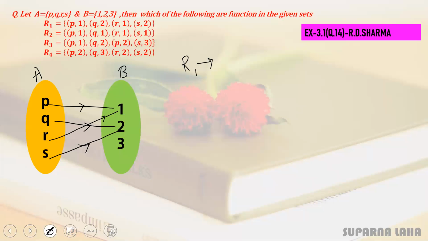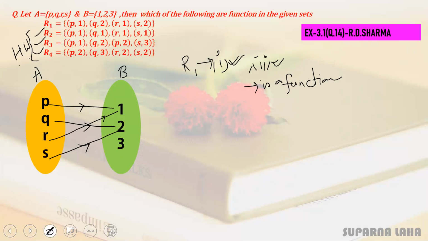Number 1 satisfied. I'm not repeating. Number 2 is also satisfied. Check it by yourself. This one, I think you can solve. So R1 is a function, and R2, R3, R4 are your homework. Try it.